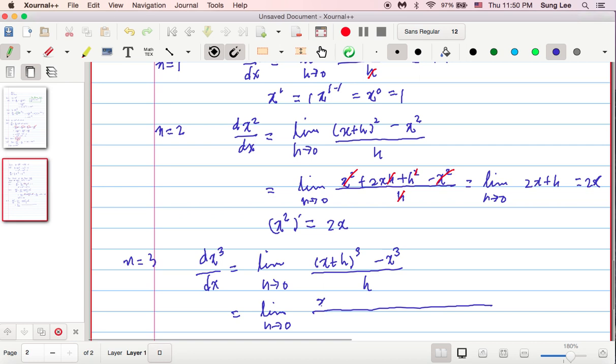That's going to be x cubed plus 3 times x squared h plus 3 times xh squared plus h cubed, minus x cubed, all over h. So here x cubed and negative x cubed cancel each other out, and then the remaining terms have h in common, so we can divide top and bottom by h. So that's what we have.